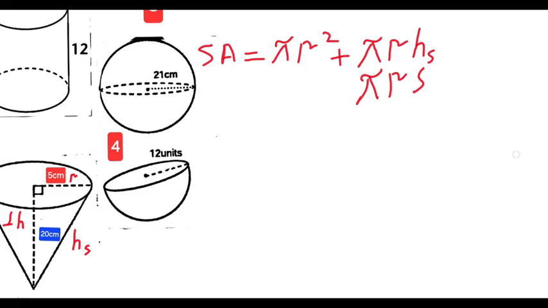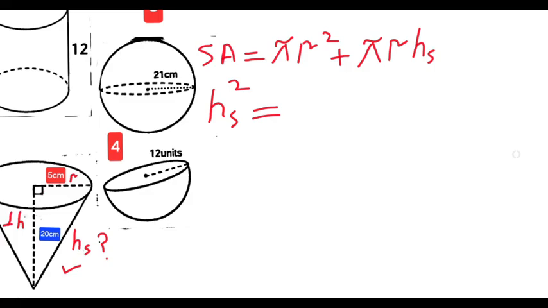Now you must remember, this is the lateral surface area. Don't forget this one, we need it in a combined shape. We don't have the slant height, so we need to find it. I'm going to use the Pythagoras to find the slant height.